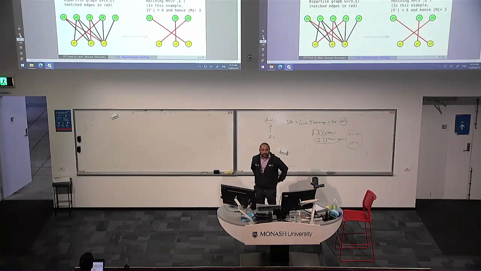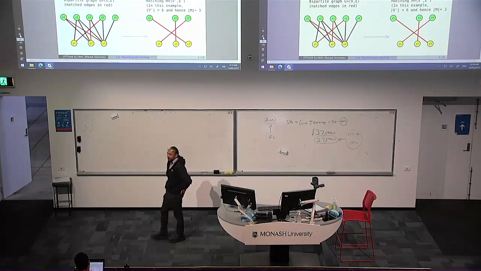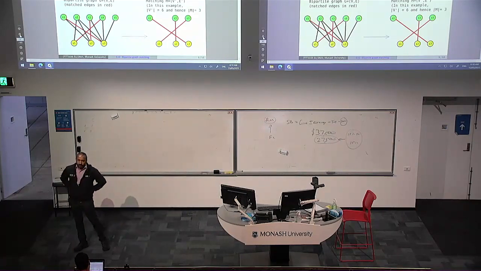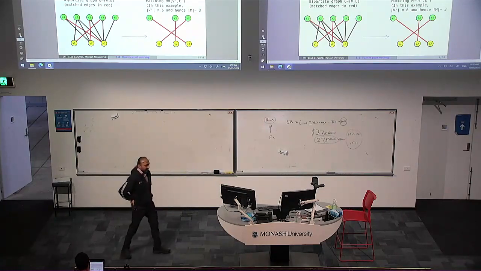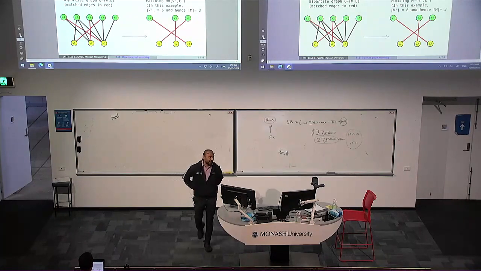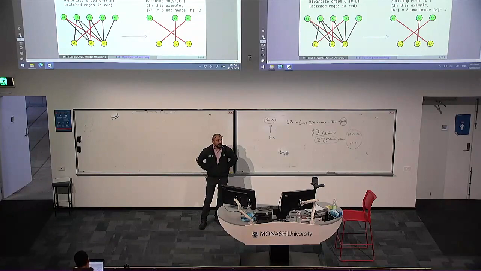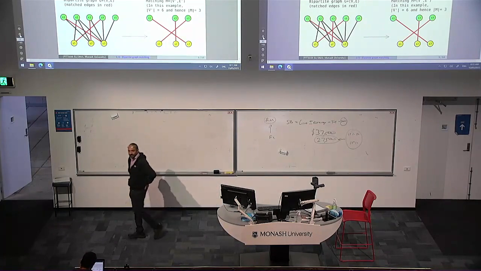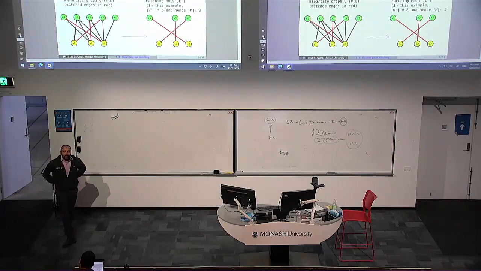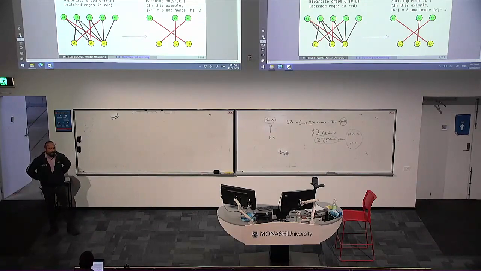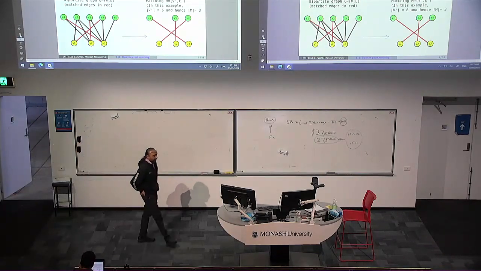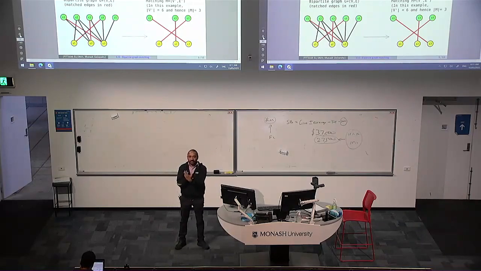What does a matching in a bipartite graph mean? If you took some subset of vertices in set X and an equal number of vertices in set Y, so let's say you've selected 3 vertices in the green set X, you would have to select 3 vertices in set Y, and you have to have a matching that ensures that every vertex in the subset you've selected has exactly one edge at its endpoint.